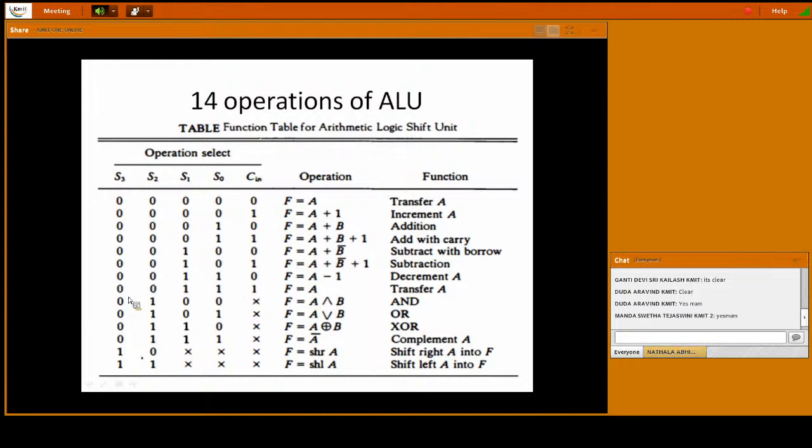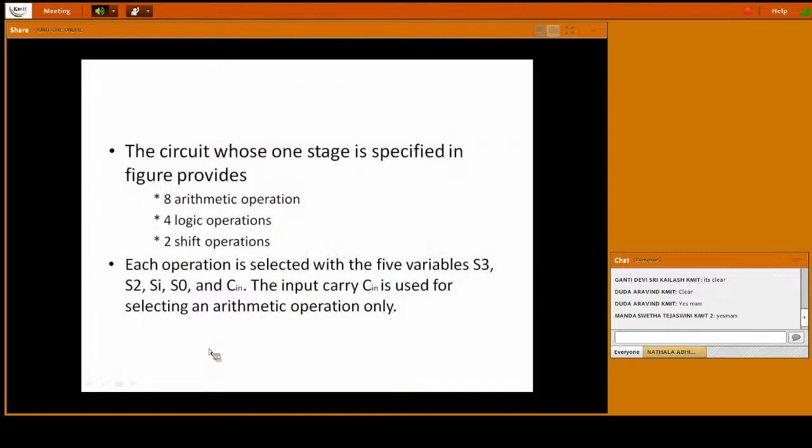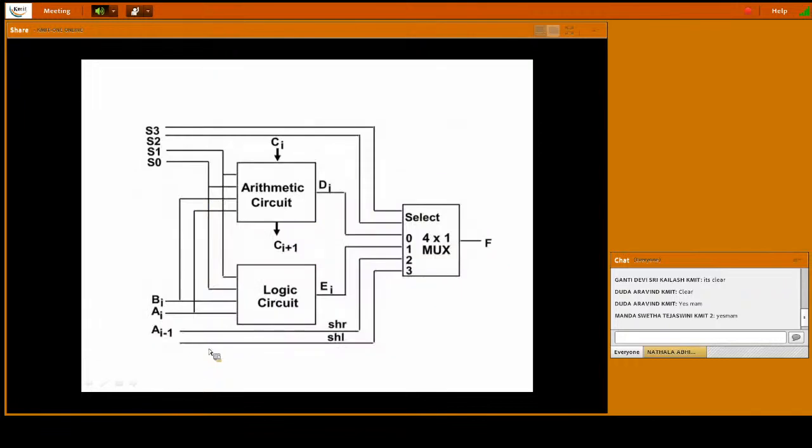Now when it comes to the logic micro operations, what are the inputs to be provided? You require only these four selection values. Based on the selection values of S1 and S0, one EI will come, and based on the values of S3 and S2, one final output will come, right?